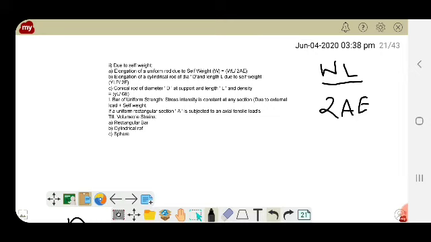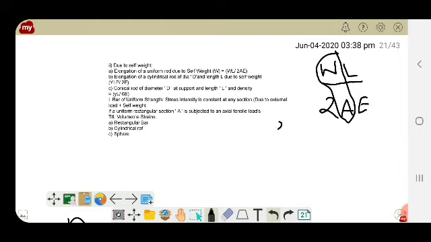They have taken density of the rod to be some value, then W by A can be written as density times length.